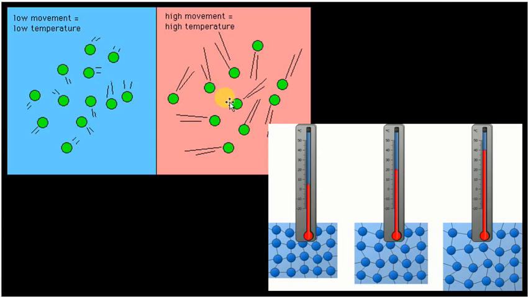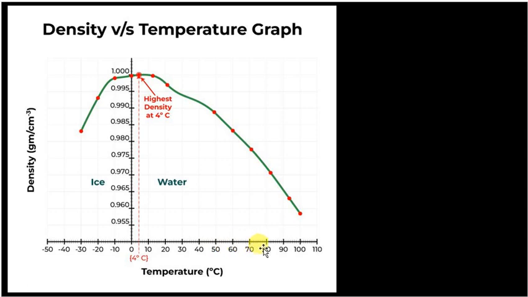So what does that mean when it comes to water? It means that the water molecules try to move faster and faster as the water gets to a higher temperature. And if they're moving faster and faster, then they need to spread out. They need more space. If they spread out and need more space, then the density goes down.